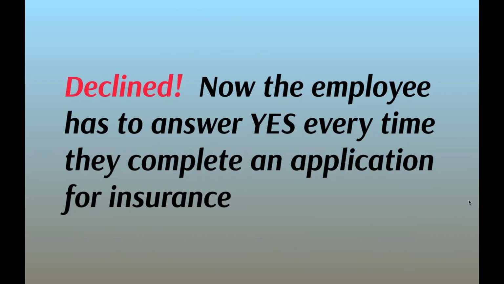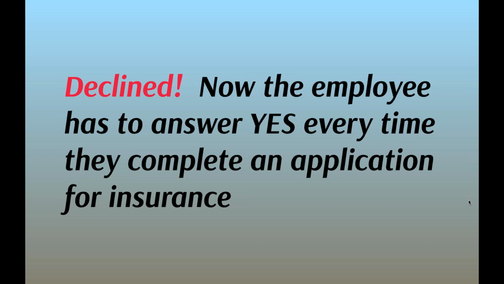The other thing is, if you're declined, when you look at an evidence of insurability form for a group life and AD&D plan, there are about 5 or 8 or 10 questions, depending on the insurance carrier. If you answer one of those questions incorrectly because you've had high blood pressure, or you've got high cholesterol, or you say no when you should have said yes, or yes when you should have said no, you're declined.